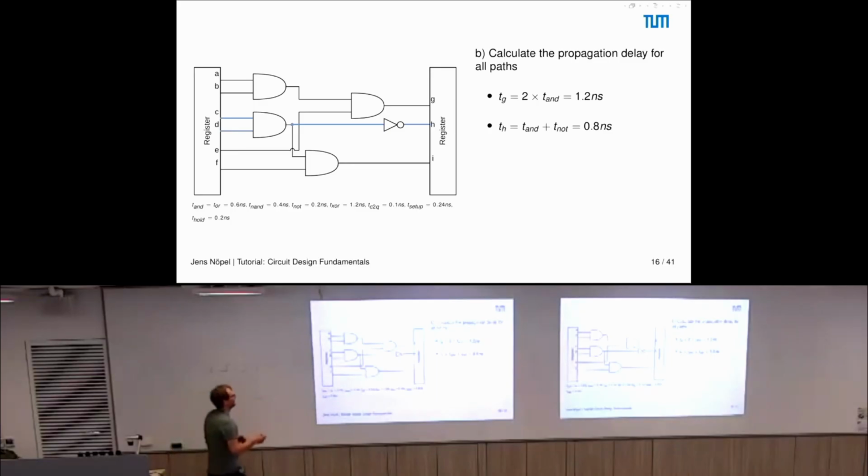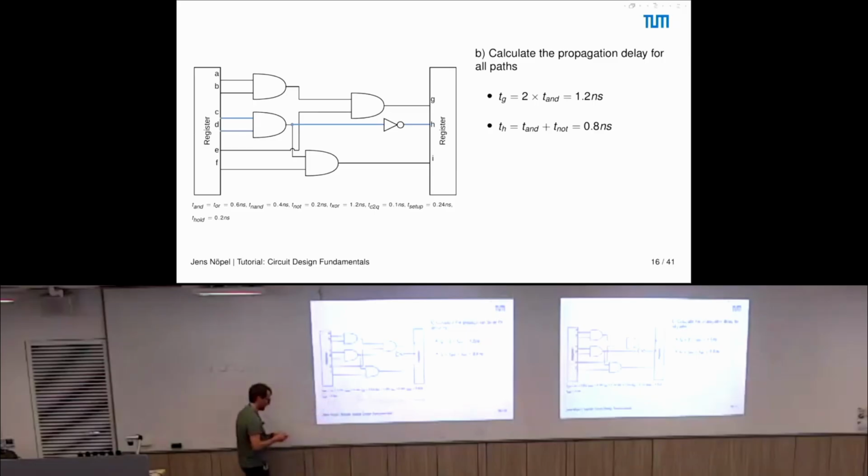So the idea is that what you want to get in the end is the time you have from here to here. This is the time T clock, the inverse of the frequency you want to clock your clock with.